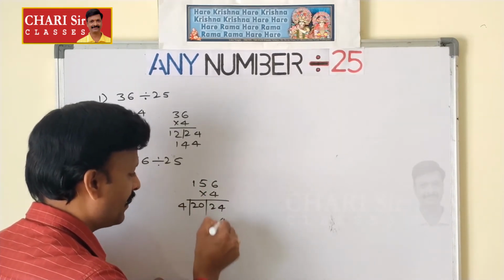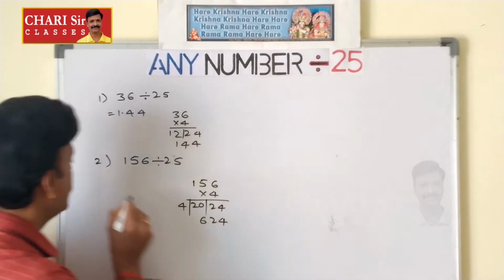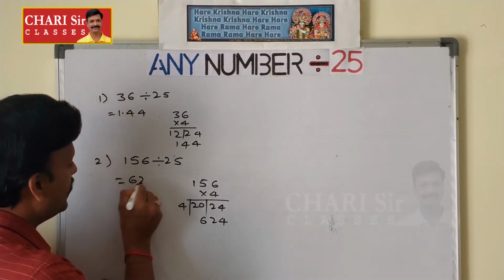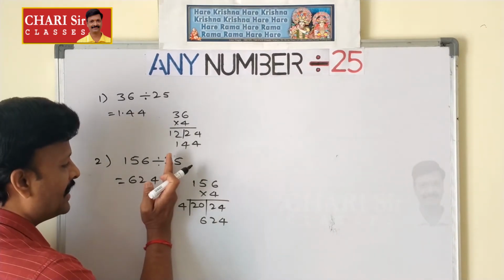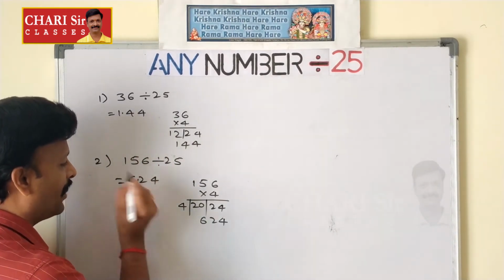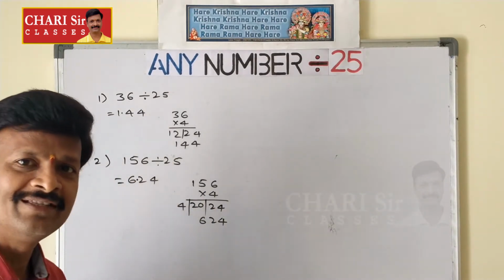Now you can balance it here: 4, then 2 and 6. Write down 624. But 624 is not the answer. What is the answer? From the right hand side, after 2 digits you place the decimal point. That is 6.24, your answer.